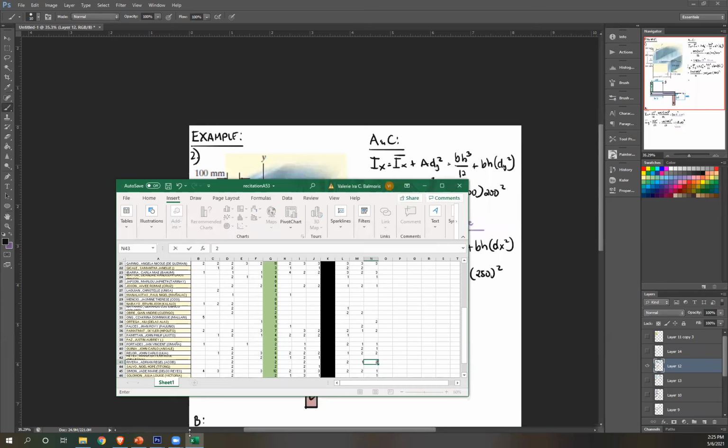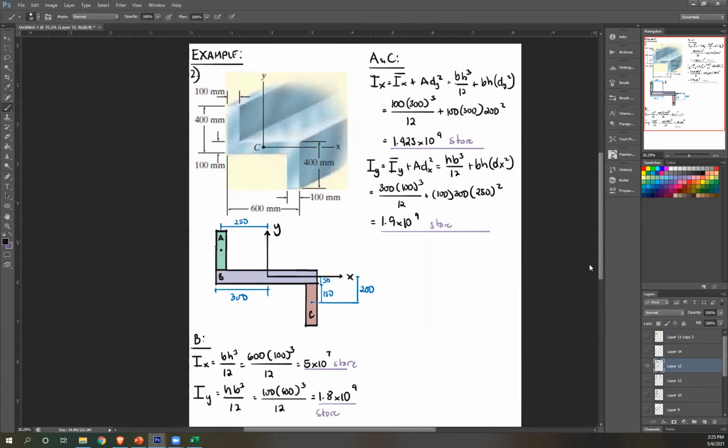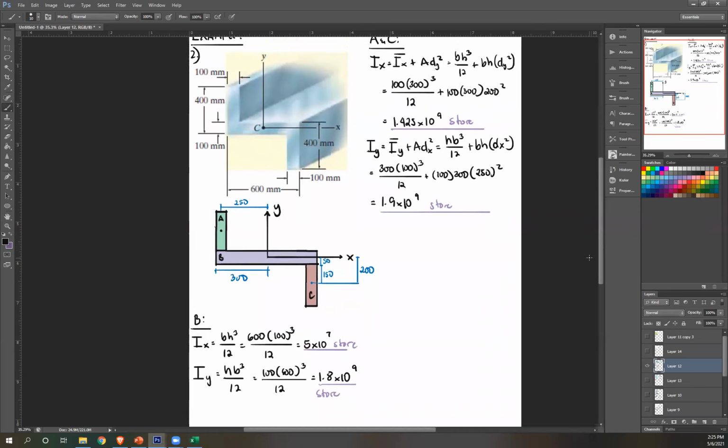Right. 1.9 times 10 raised to 9. Okay, so 1.9 times 10 raised to 9. Once again, store. Alright, so now you've successfully solved for Ix and Iy of every segment of your figure. So now getting the final answer. Therefore, total Ix of everything is just a summation of your Ix.